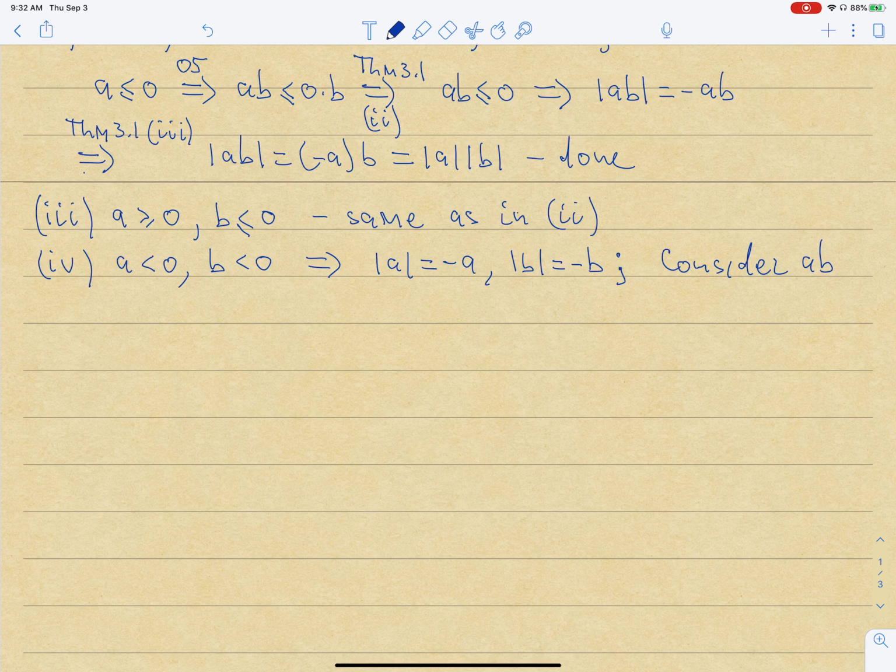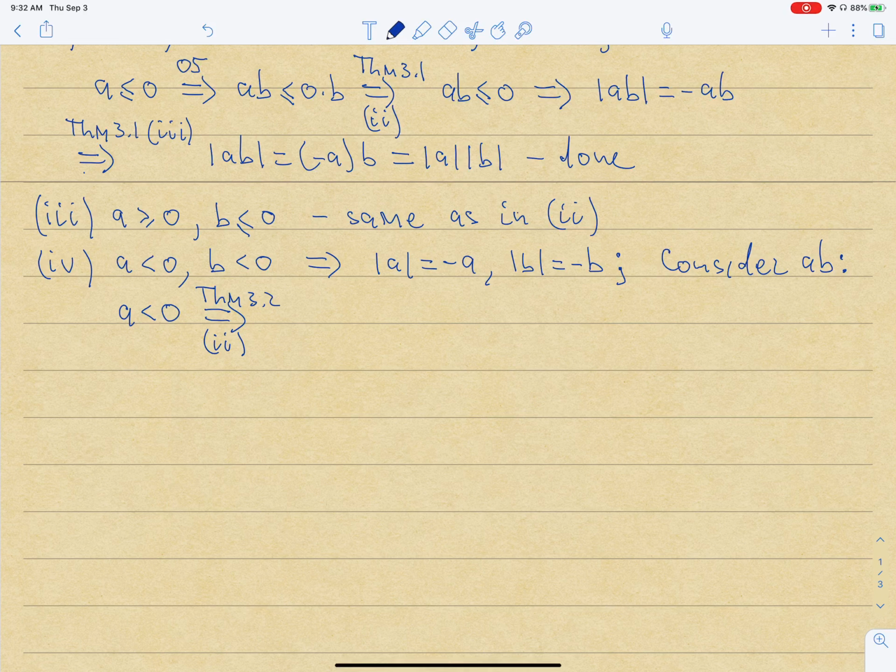So one thing we can try, let me see what sort of properties we have. If I look at the inequality A less than 0, right, that is given to me. Let's consider theorem 3.2, item number 2.